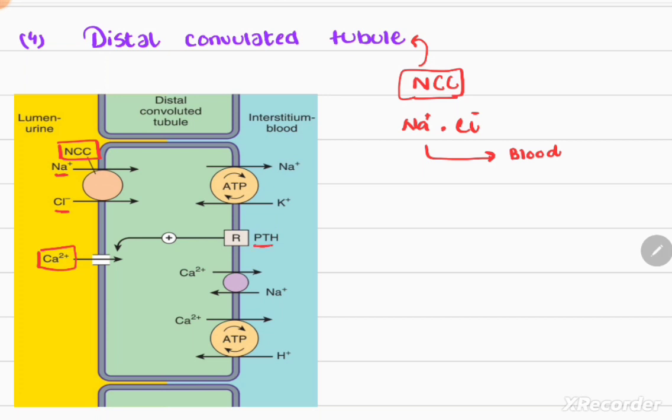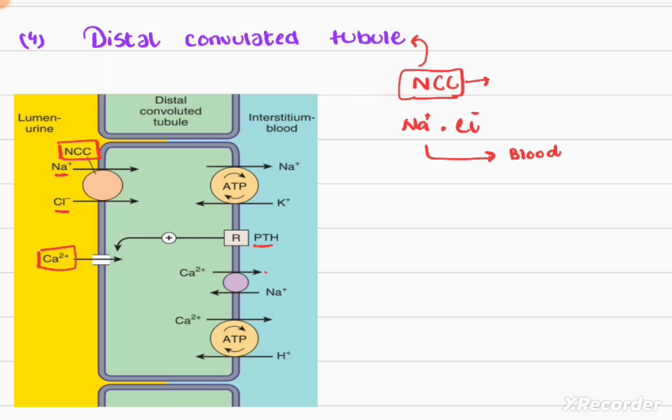This calcium goes inside and the sodium goes outside, and this is a whole other mechanism. So we need to remember that there is a channel known as NCC, the sodium chloride channel, and this channel is responsible for the reabsorption of sodium and chloride back into the blood. And this mechanism happens in the distal convoluted tubule.